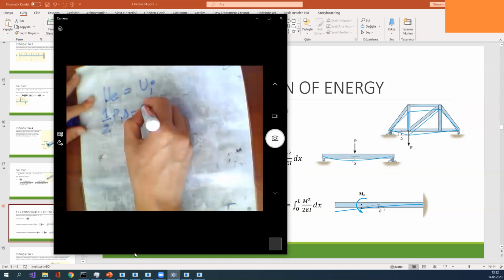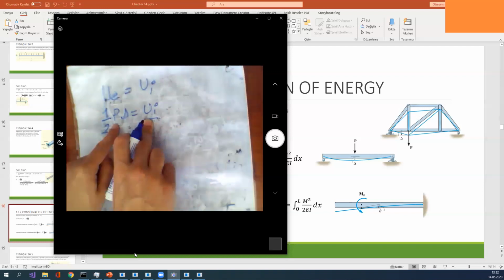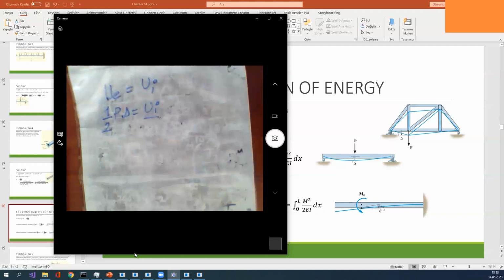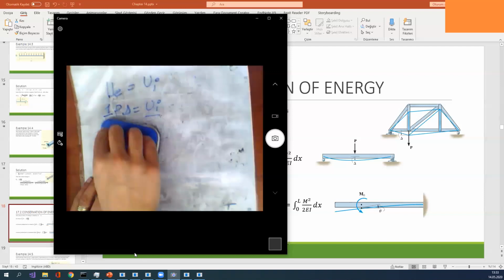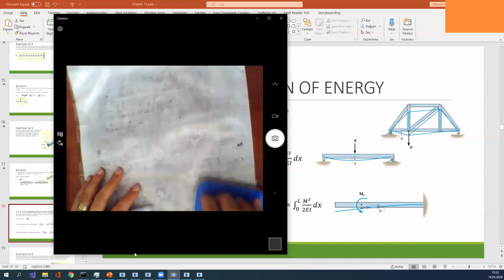We know how to compute the internal energy, and we know the external force, so now we can compute delta. By using the conservation of energy principle, we can compute the displacement of the structure.